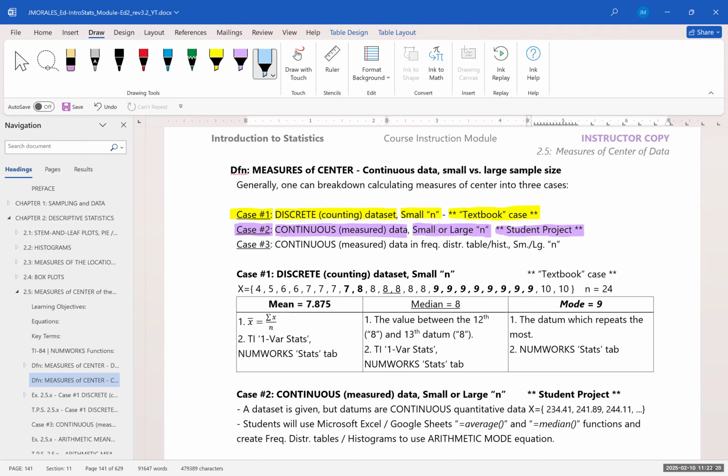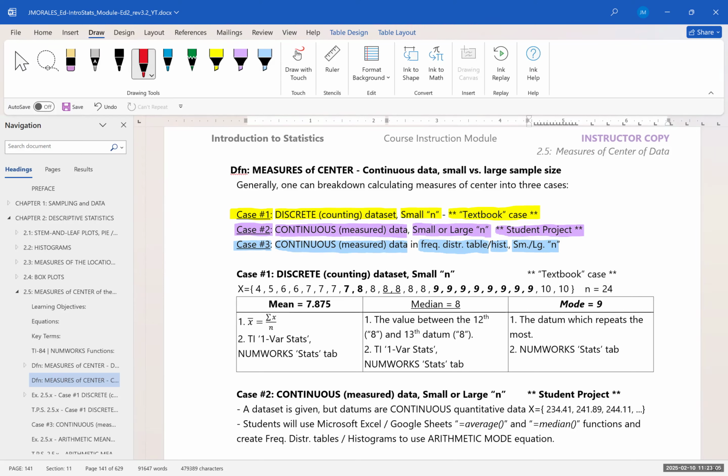Now, the third case that I've identified, case three, again, you're dealing with continuous datums, datums that are measured. But instead of having access to the raw data itself, instead of having access to the numbers, all you have to work from is either a frequency distribution table or a histogram. That's it. You only have maybe a picture or a table to work off of. And so, then you can have either a small or large sample size.